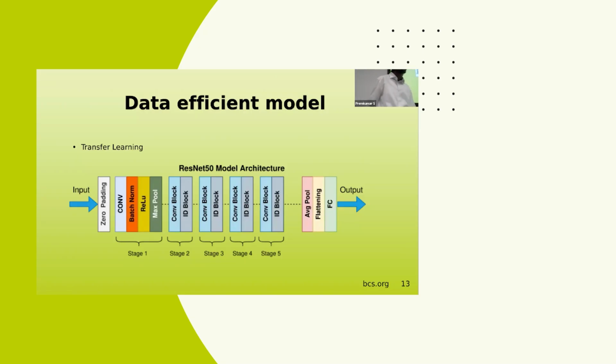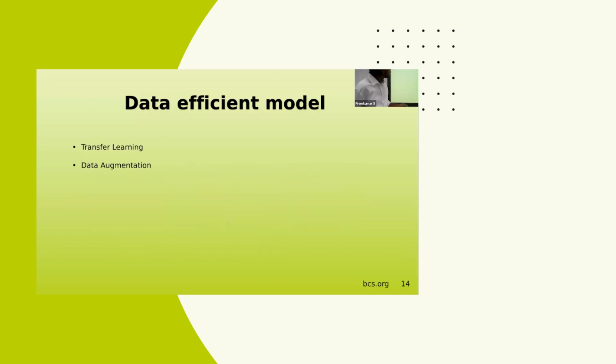Instead of training the entire model from scratch, we freeze all these layers and just train the last fully connected layer, because in a convolutional neural network, the fully connected layer is where the classification takes place. If I'm training the fully connected layer over the data set that I have, I don't need to go through this entire process. So I can produce similar results with a lesser number of epochs, with less training time.